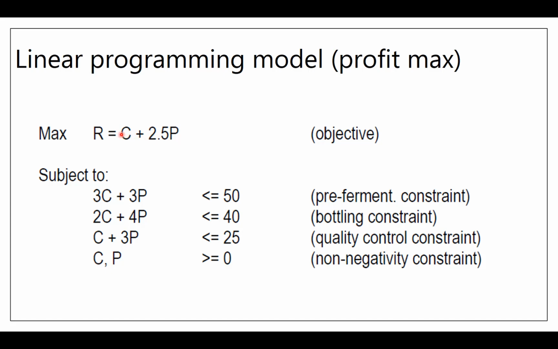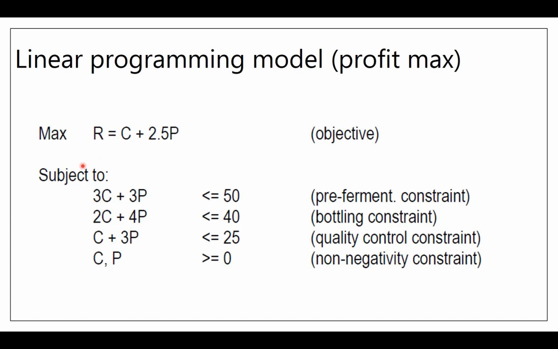So you get $1 of this profit measure from every unit of C, $2.50 from every unit of P, and so this equation just says multiply C times its return, P times its return, add those together, and you give me the total measure of return.